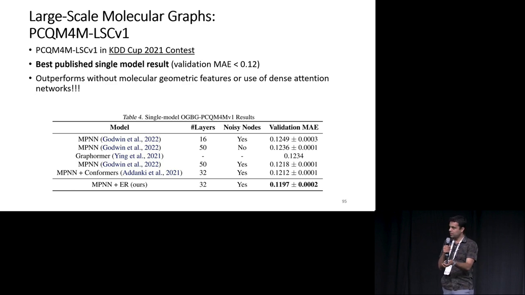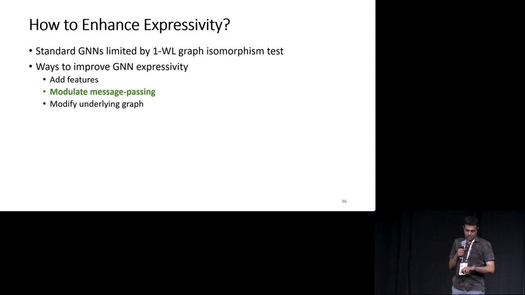On the other hand, just using these general topological features that are non-domain specific, one can already beat some of these other approaches. Okay, so that's the first approach to improving expressivity.